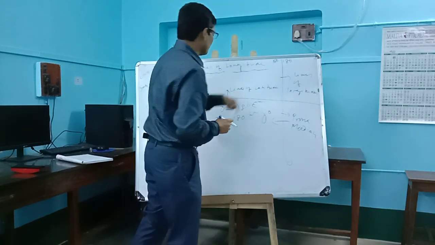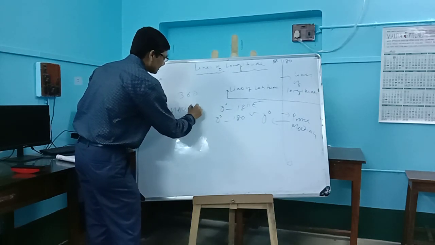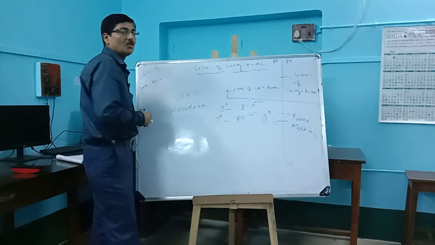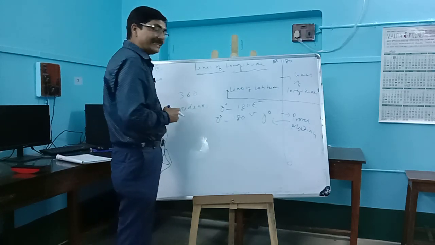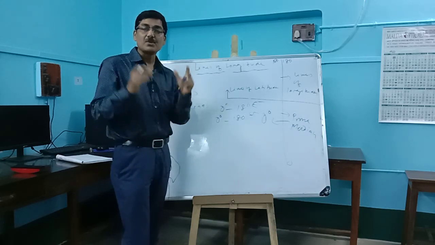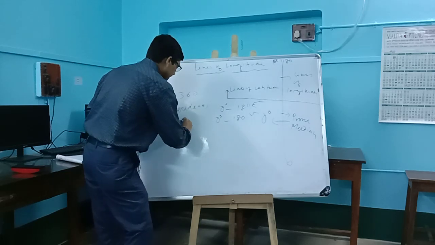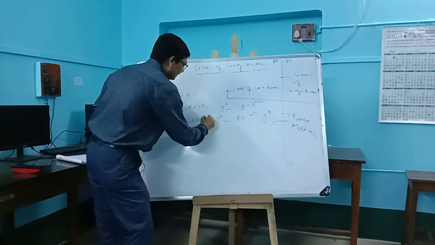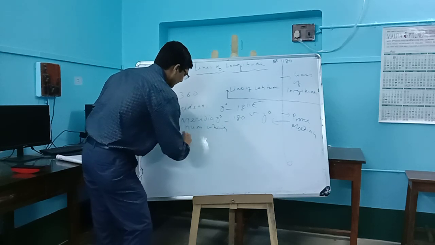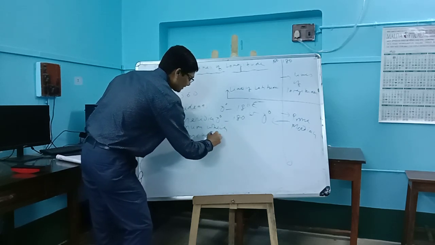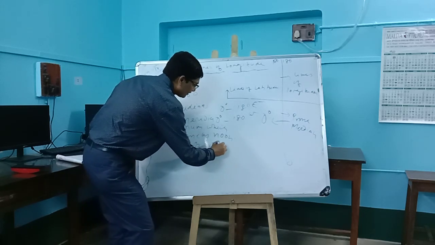The lines of longitudes are also known as meridians. Why are they known as meridians? Because the word meridian comes from the Latin word meridianum, which means noon or 12.